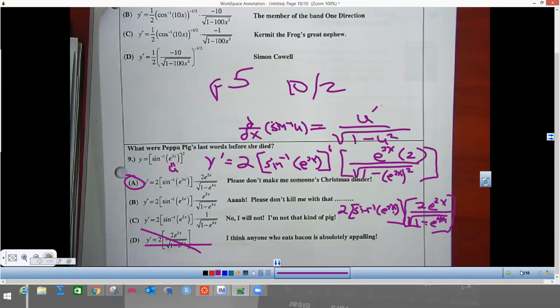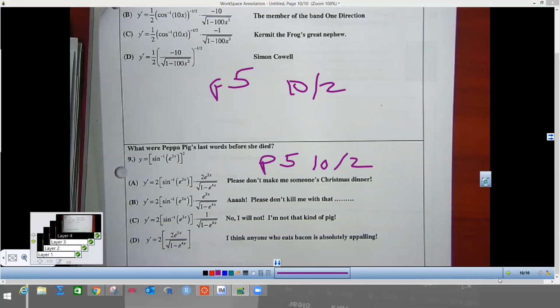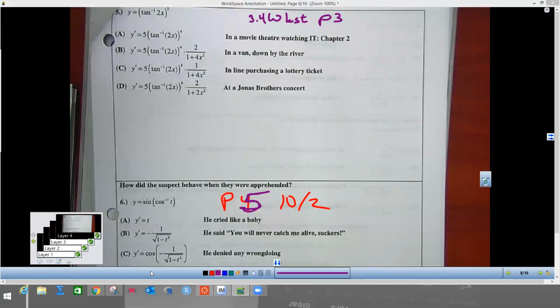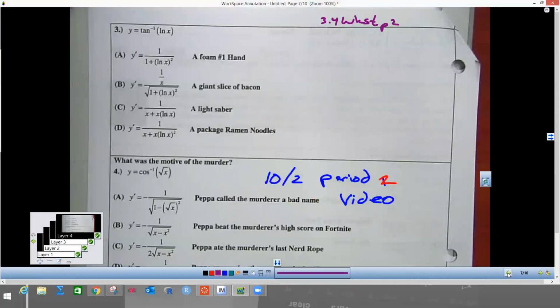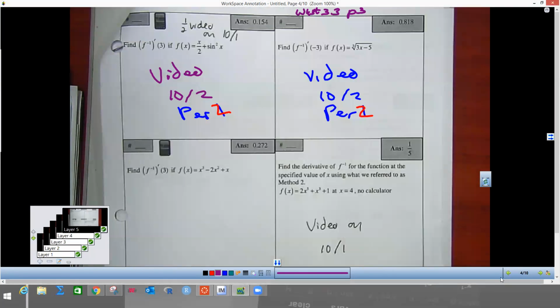Can you do top left page 3.3? Where were you when I was asking to do those? All right, we're going to go back to 3.3. But I'm going to erase this and put down that I did this one in period 4 or 5, unless somebody's got a question on this one. All right, so this is also period 5 on 10.2. And we're going to go back to 3.3. You said 3.3, page 3, the top left.